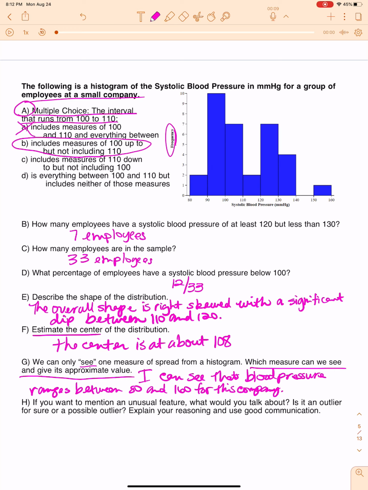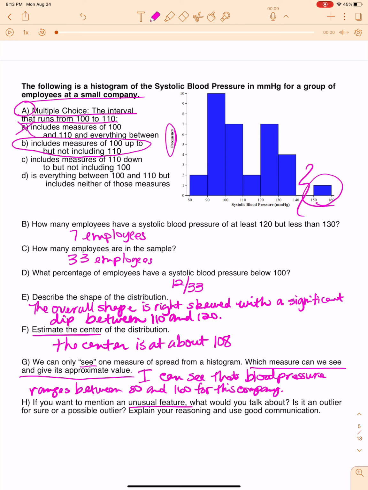All right, part H. If you want to mention an unusual feature, what would you talk about? Is it an outlier for sure, or a possible outlier? Well, anything that lies far apart from the data and leaves a gap is considered an outlier, but we have to be careful. There's a reason the question is worded this way.